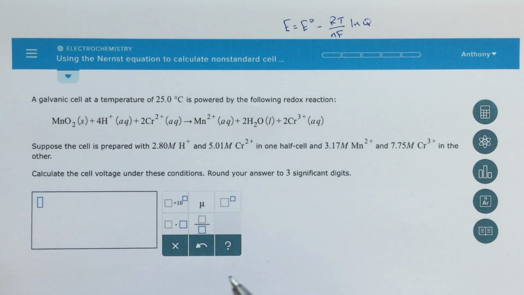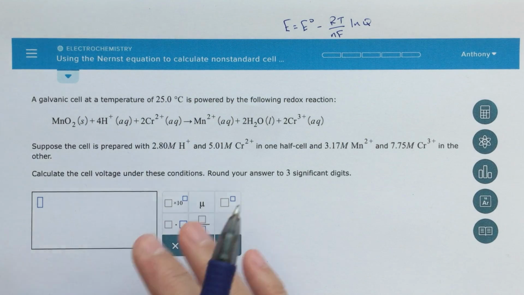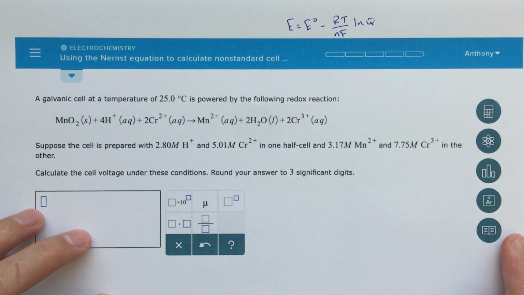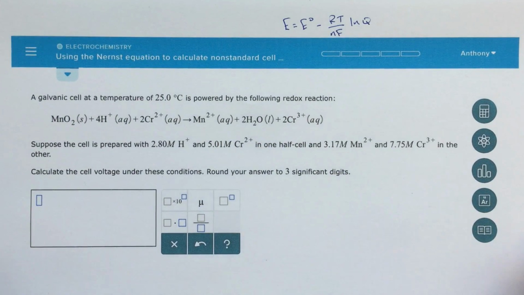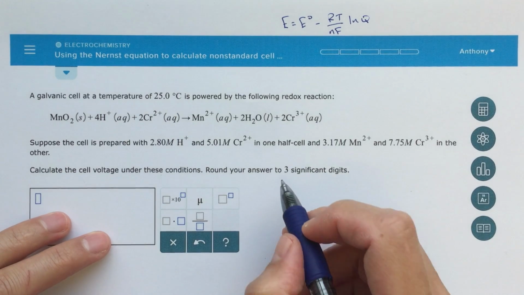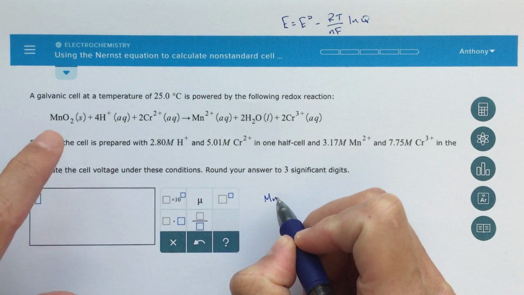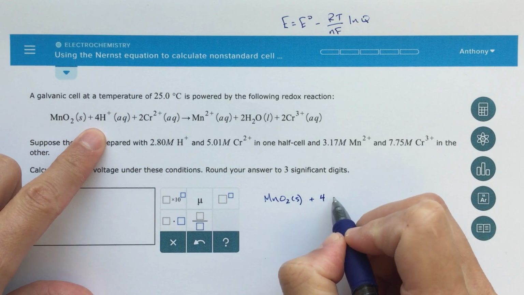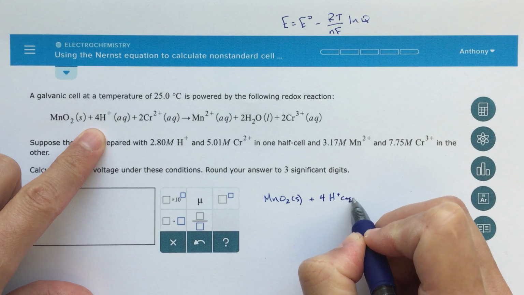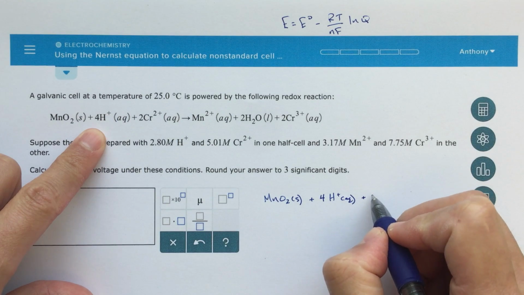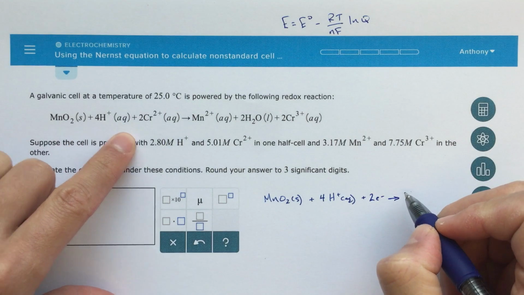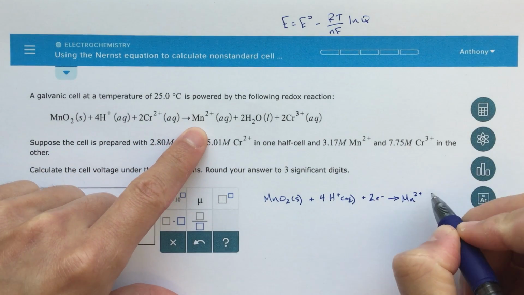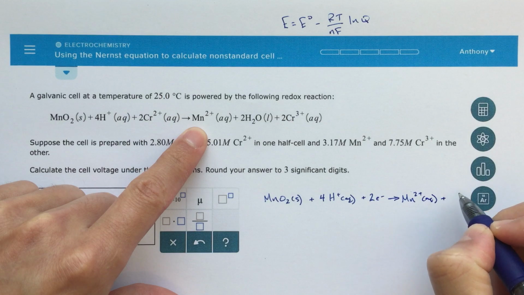There are a number of things that need to happen in a problem like this. The first thing that I might do is break this overall redox reaction down into the two half reactions. Starting at this side, MnO2 solid plus 4H+ aqueous plus 2 electrons goes to Mn2+ aqueous plus 2 H2O liquid.